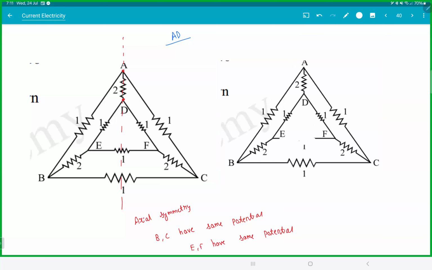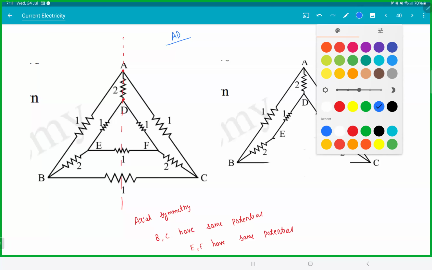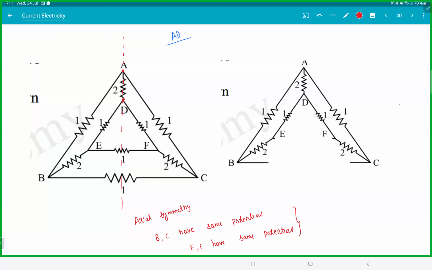You can remove this guy in the middle. This can be removed, because the potential is the same. So resistors EF and BC can be removed, because the potential is the same.